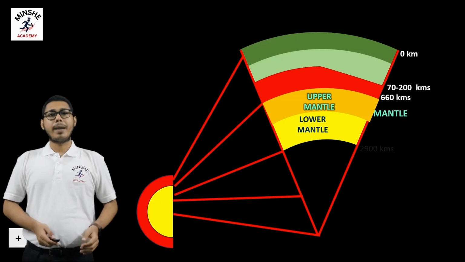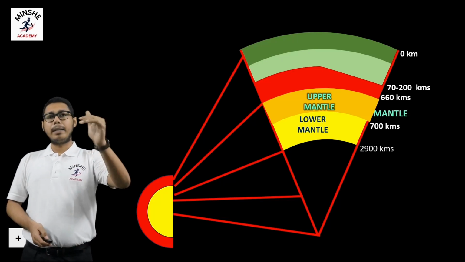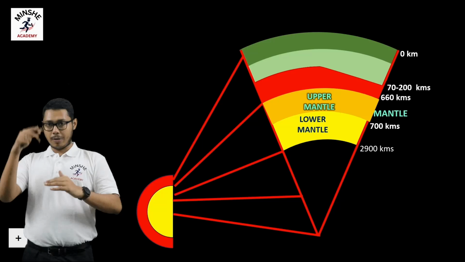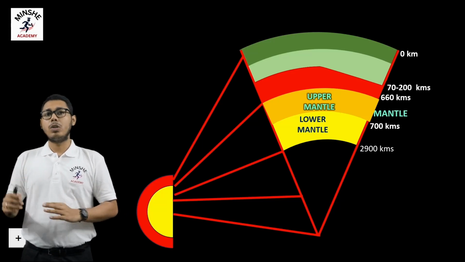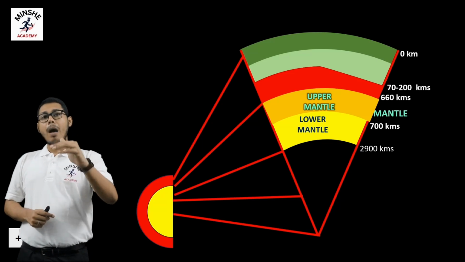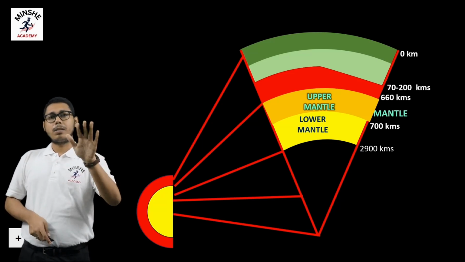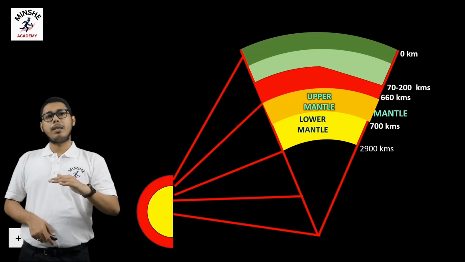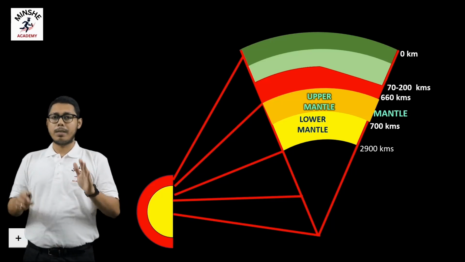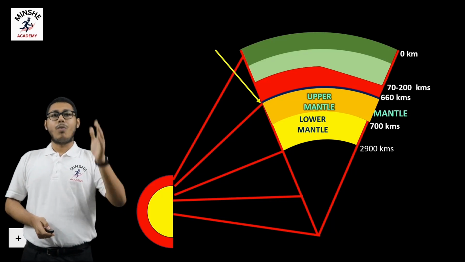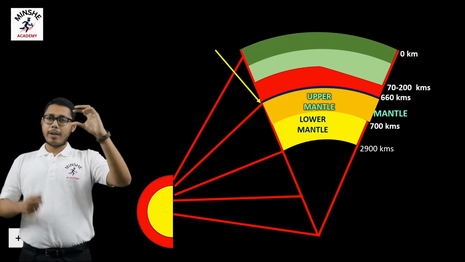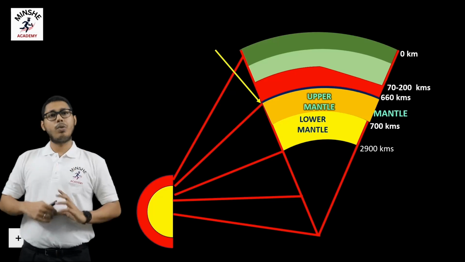Now upper mantle, lower mantle. The lower mantle starts at about 700 kilometers and ends at 2900 kilometers, and the upper mantle starts at about 600 kilometers and moves up to 700 kilometers. Now, the crust is a layer, the mantle is a layer, the core is a layer.